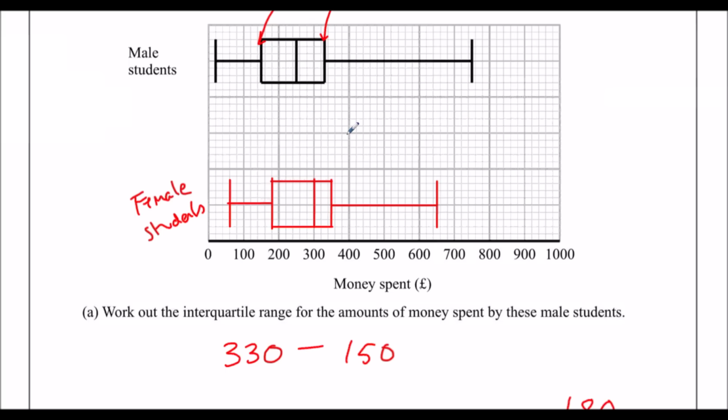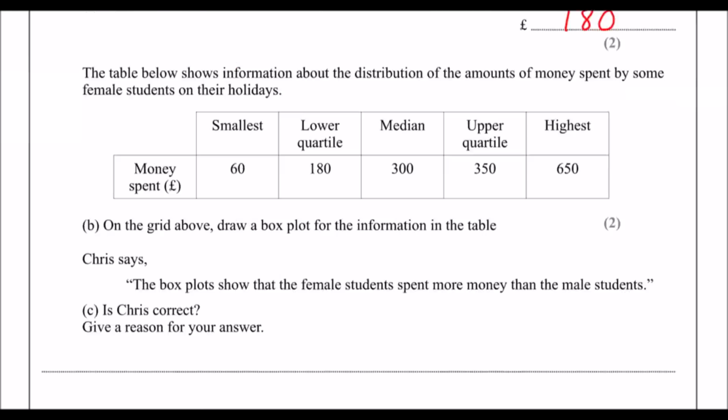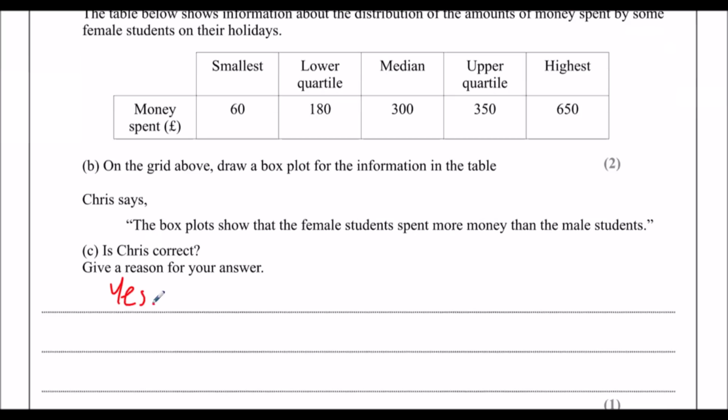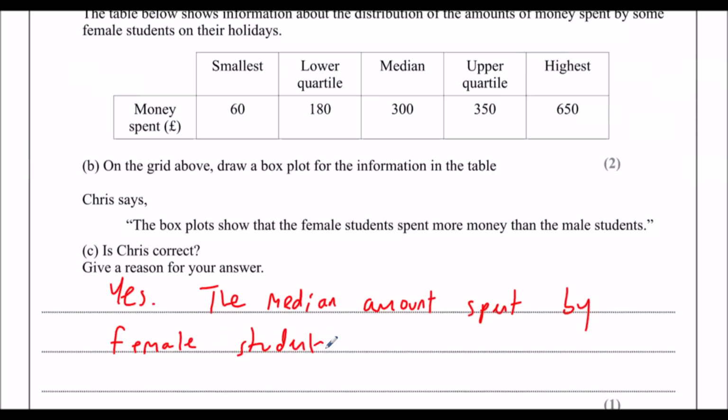So you could argue it both ways, but we can say the median, the average amount spent by females was greater. So I'm going to say yes, the median amount spent by female students was greater.